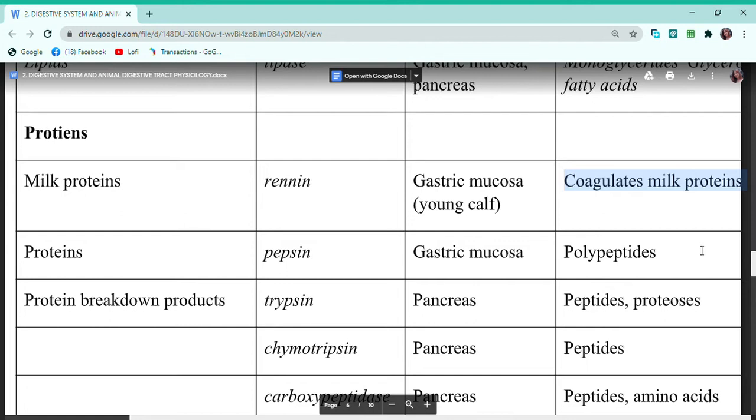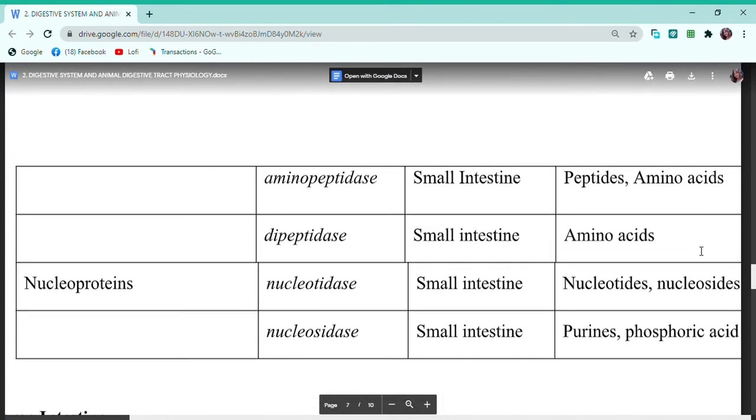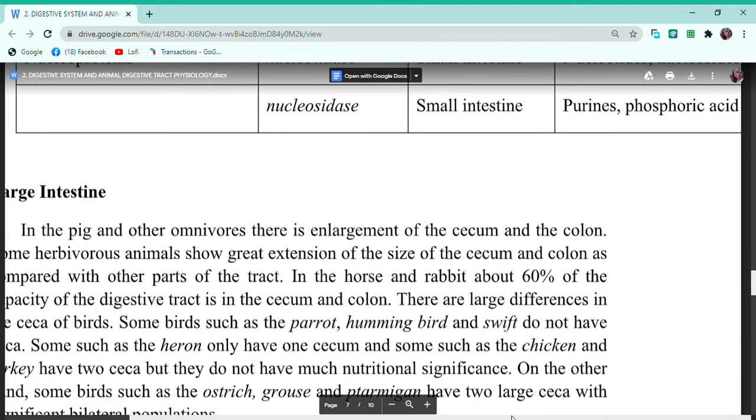And if the substrate is protein, it will be acted upon by pepsin from the gastric mucosa, and the product will be polypeptide, and so on and so forth. Okay? Now, so that's the large intestine. And now let's proceed to the nutrient digestion and absorption and transport.